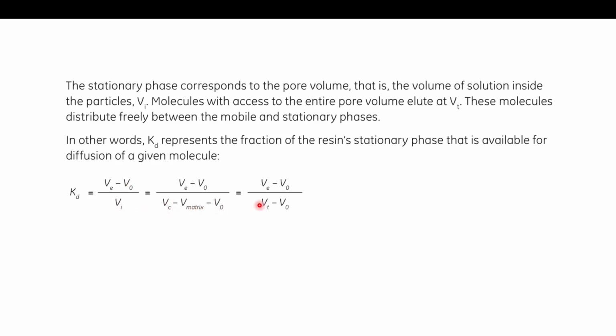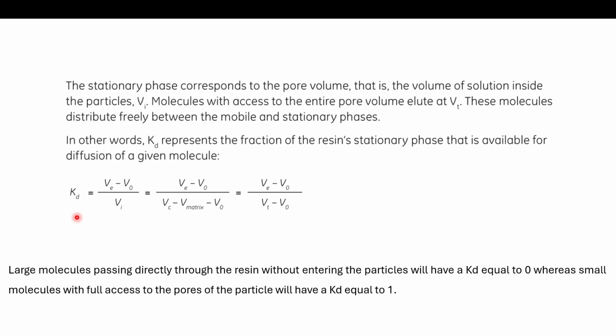Vc minus V matrix will give us the entire pore volume that I was talking about, because the matrix is also occupying some amount of space in the whole resin. If we remove that, then that will give us the entire pore volume. So this is another way to express the partition coefficient or distribution coefficient.